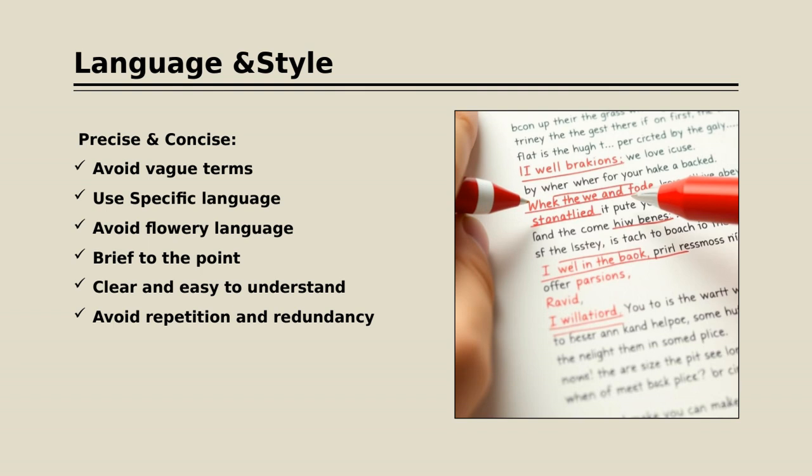By avoiding vague terms, using specific language, avoiding flowery language, staying brief and to the point, and staying clear, so that your writing is easy to understand. Avoid repetition and redundancy. If it is difficult for you to make it simple, cut it, just cut it.